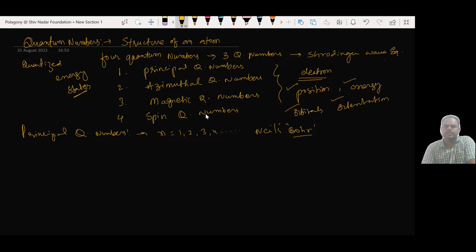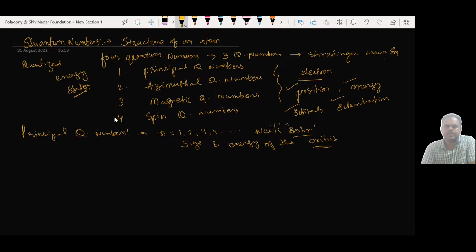As this integral number increases, 1, 2, 3, 4, the size and energy of the orbit increases. So what is the significance of this principal quantum number? The principal quantum number determines the size and energy of the orbit.